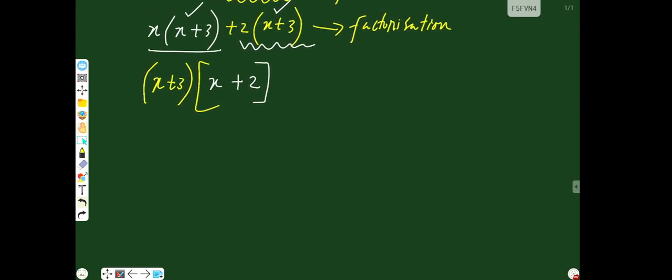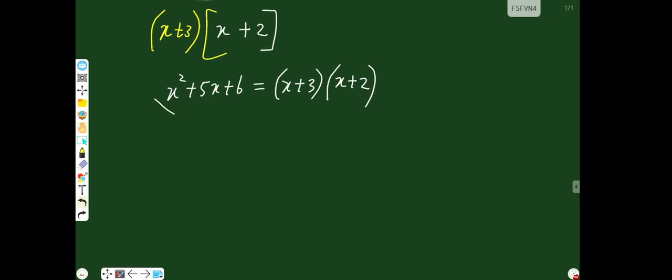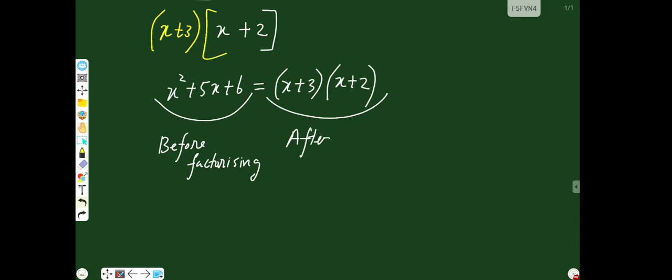We obtained that x squared plus 5x plus 6 is equal to x plus 3 and x plus 2. This is before factorizing, and this is after factorizing.